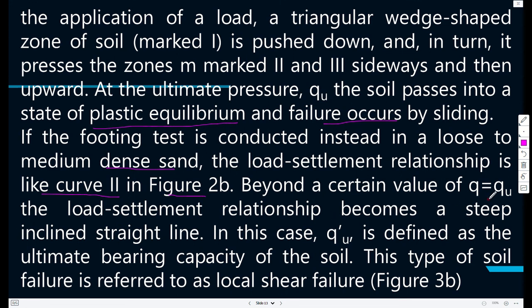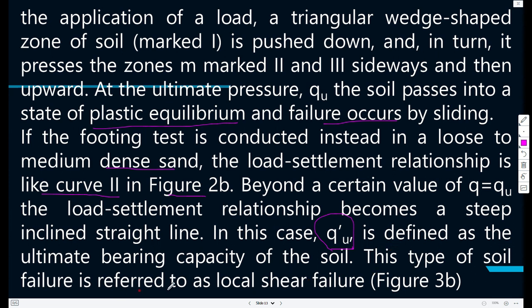Beyond a certain value of Q equals QU, the load settlement relationship becomes a steep inclined straight line. In this case, just to make it different from the other, we refer to Q prime as the ultimate bearing capacity of the soil.